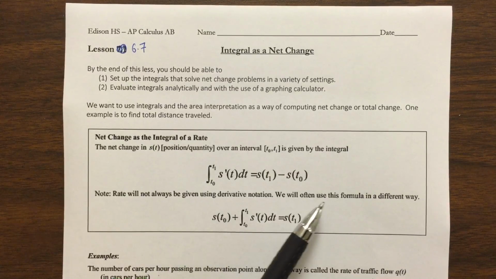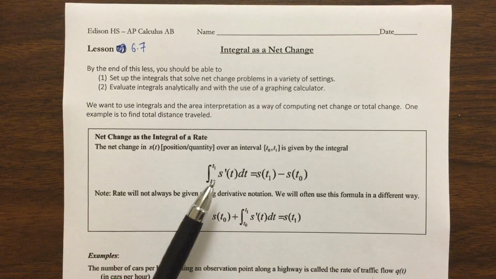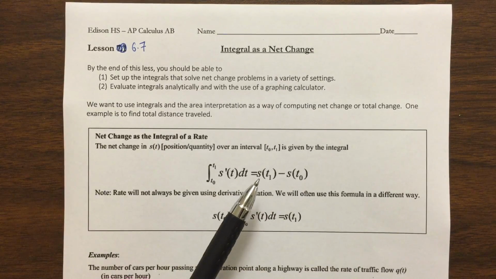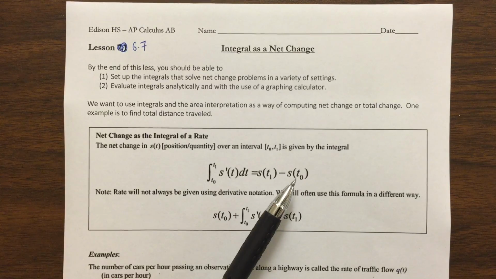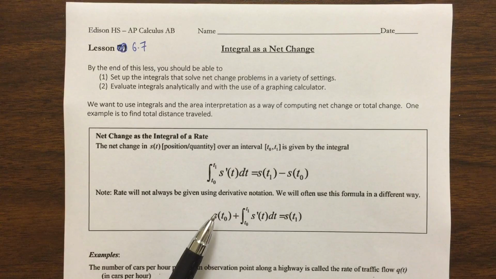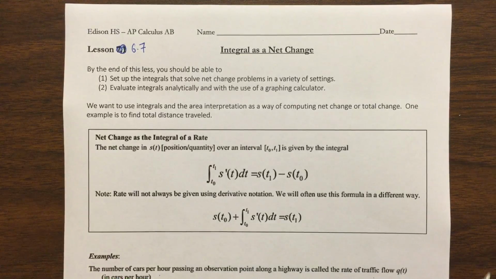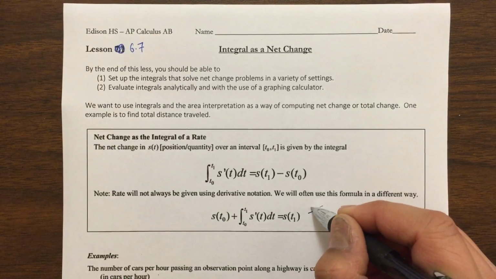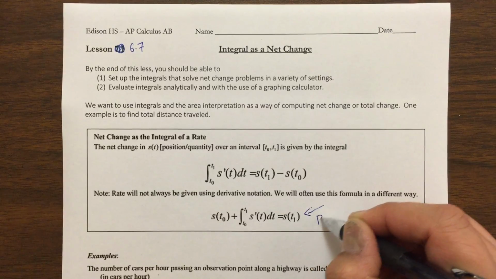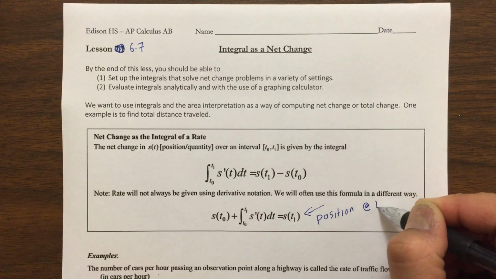So they won't make it really specific like I did here, okay? We will often use this formula in different ways. If you solve for S of t1 by adding S of t0 to both sides, then we would get something like this. So what does this stand for? It stands for the position at time 1.